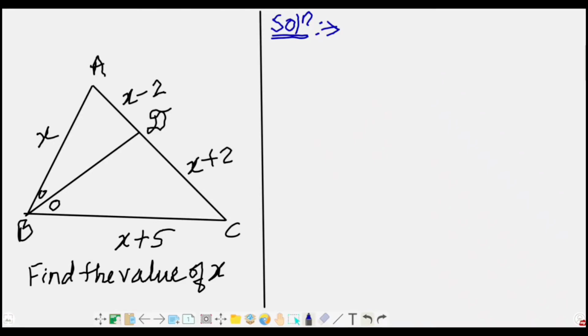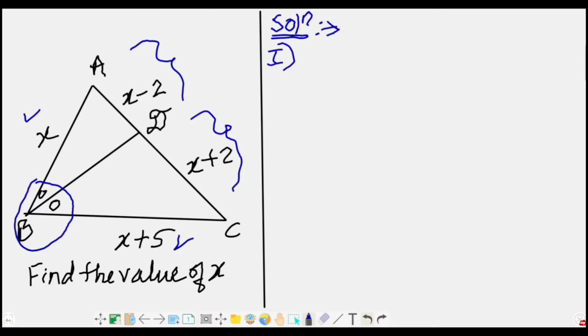Now students, let's solve one more sum based on this concept. Now the bisector of angle B is given. These are the two remaining sides, and these are the parts of the side opposite to the angle bisector. So the very first point you have to write: BD bisects which angle?